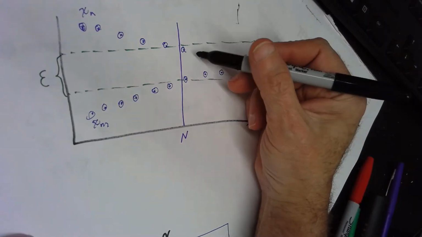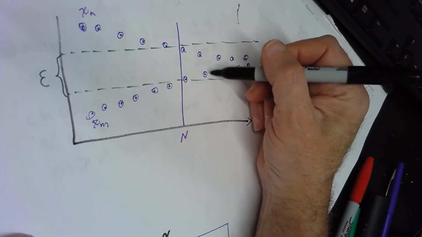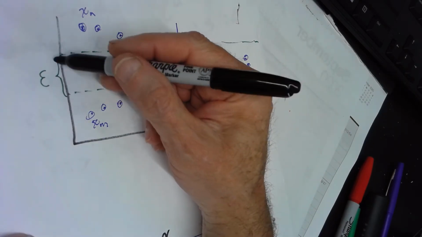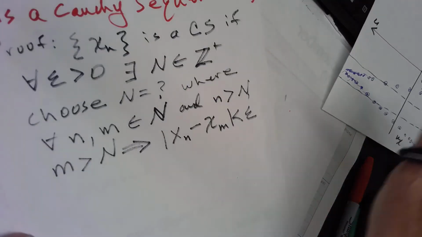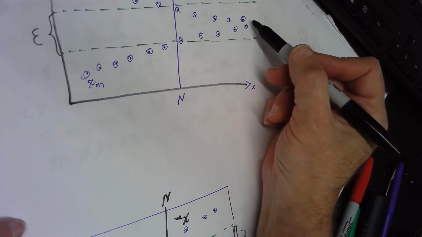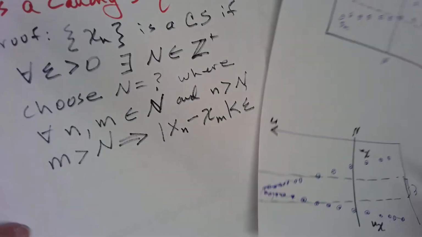So the difference between these two points is going to be within the range of epsilon, and so they would eventually converge to a limit.